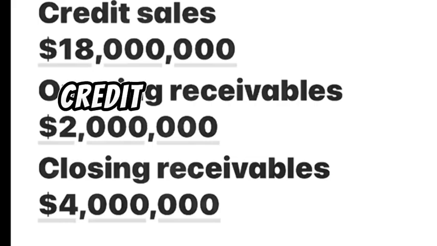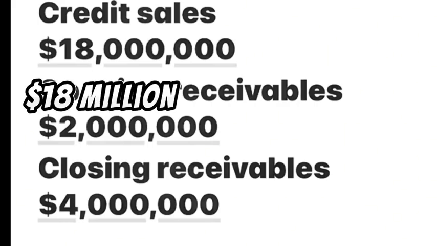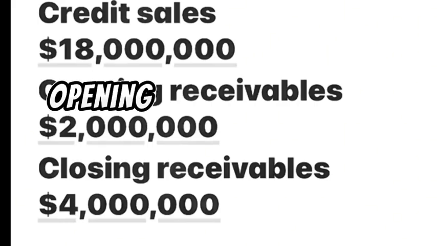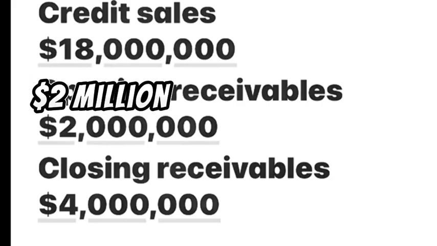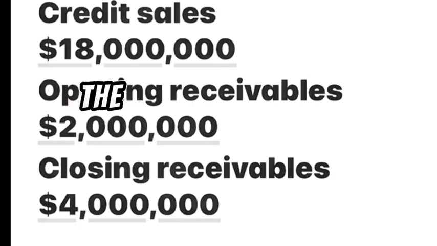So in this question, we have credit sales of $18 million, opening receivables of $2 million, closing receivables of $4 million. And we're asked to calculate the receivables turnover ratio.